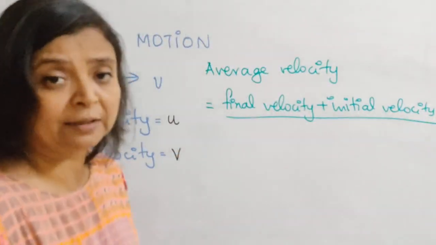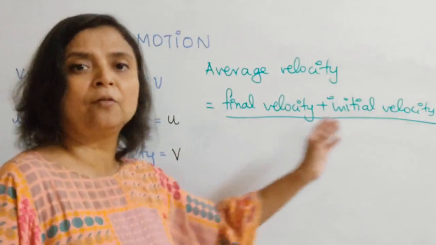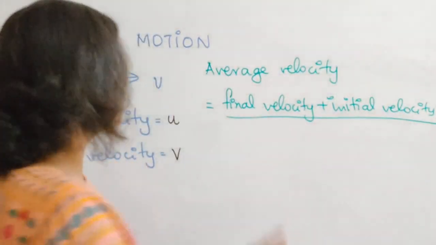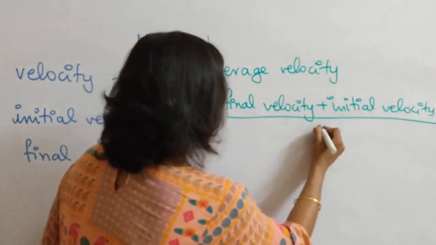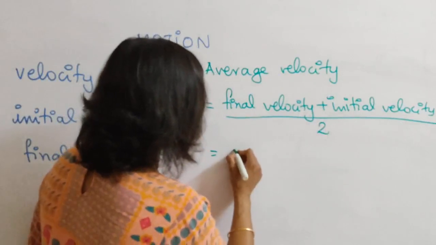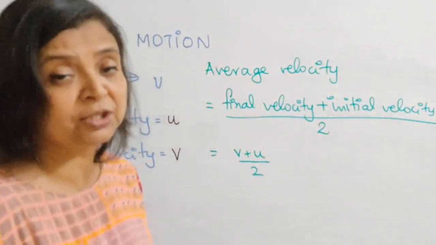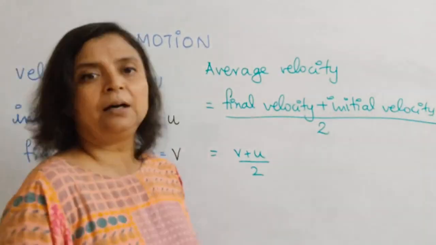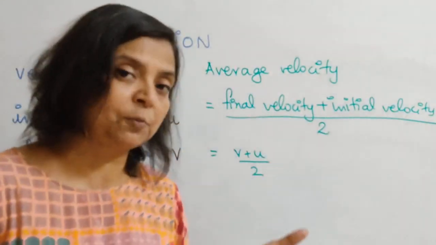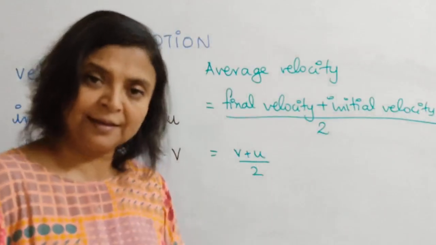If you remember mathematics, you've done what is mean, what is average. So it is the sum of the observations, final and initial, upon the number of observations. So there are two, final and initial. So we divide it by 2. So symbolically, it will be V plus U divided by 2. That is average velocity. And whenever there is a question based on average velocity or average speed, you have to really be very attentive and use the correct formula. Okay?